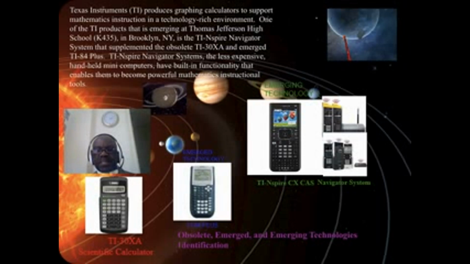The integration exemplifies the diffusion scholars' S-shape, which depicts innovators, early adopters, early majority, late majority, and laggards. Texas Instruments products such as TI-30XA, TI-84 Plus, and TI-Nspire Navigator System CX CAS belong to the S-shaped curve in terms of adoption.